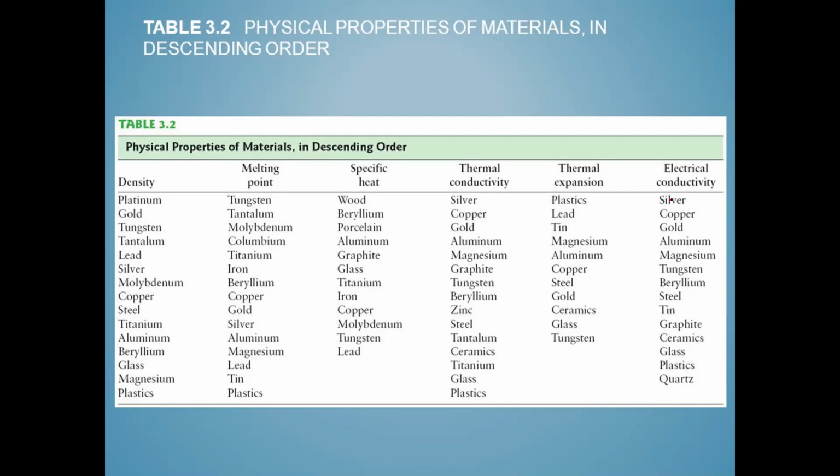Lastly, in the last column on the right side, we can see electrical conductivity. Materials have very large differences in terms of electrical conductivity. Some materials are at the top of the list, like silver, copper, gold, especially silver and copper. This is why they are used for cables and most electricity wires.